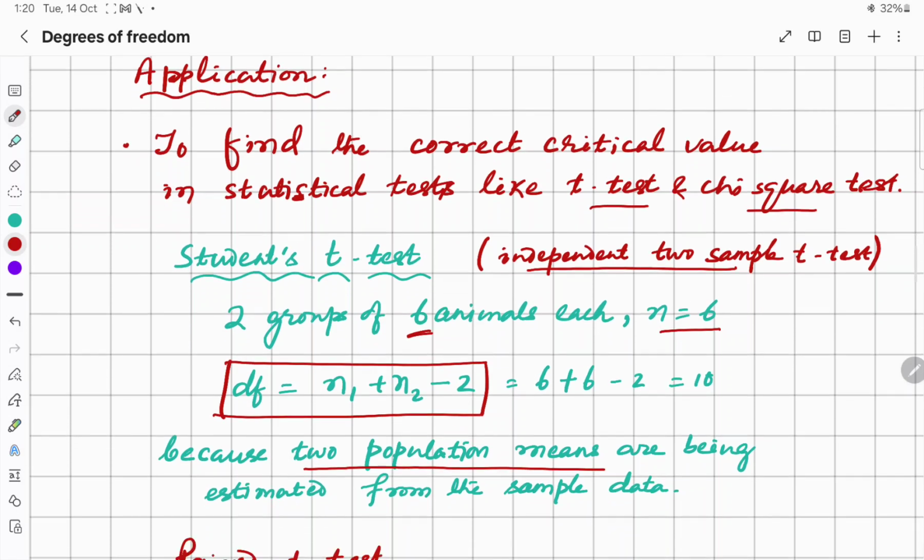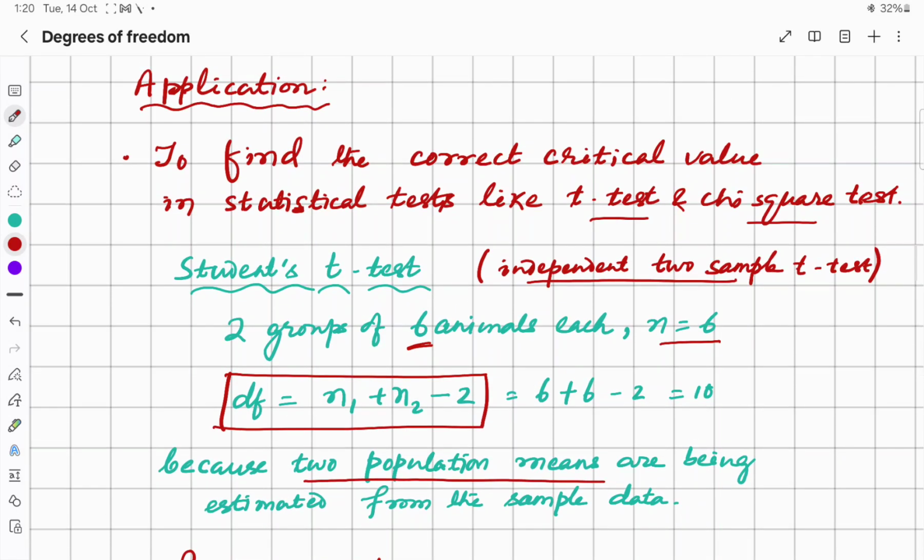So here degree of freedom will be, for group 1, 6 minus 1, and for group 2, 6 minus 1. So we can have the formula degree of freedom as n1 plus n2 minus 2. So 6 plus 6 minus 2 is equal to 10. Why here is 2 subtracted? Because 2 population means are being estimated from the sample data.